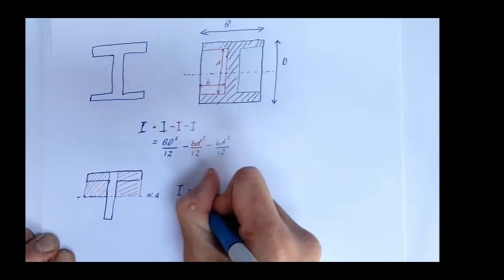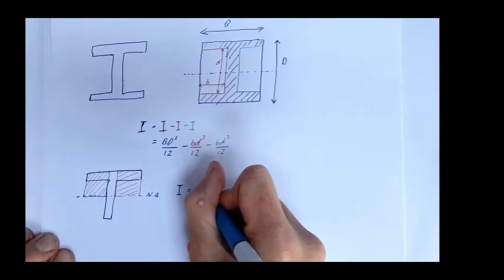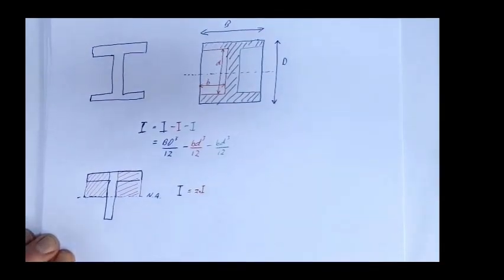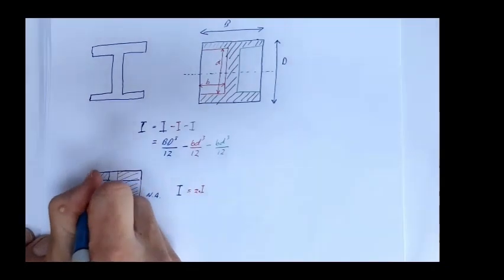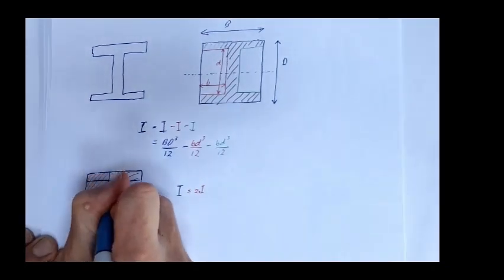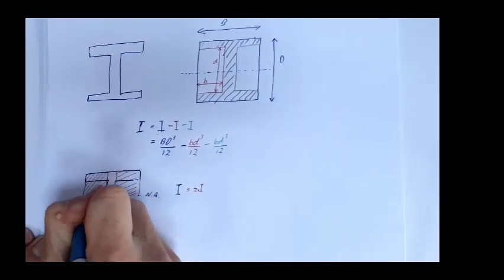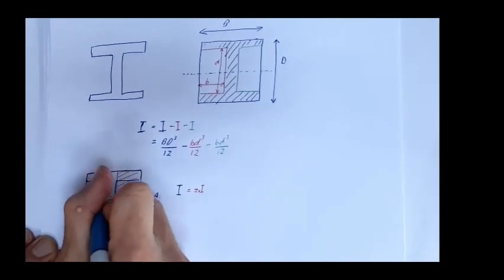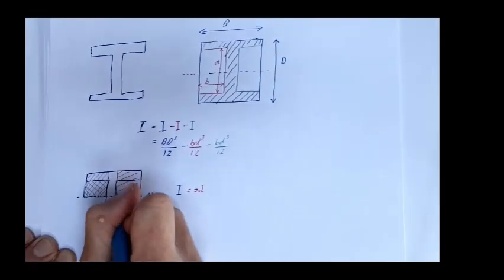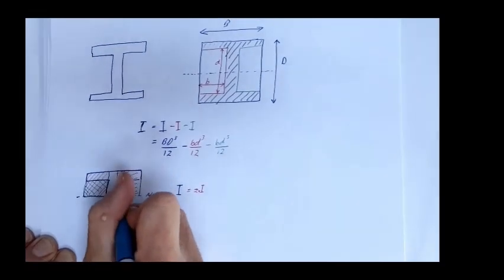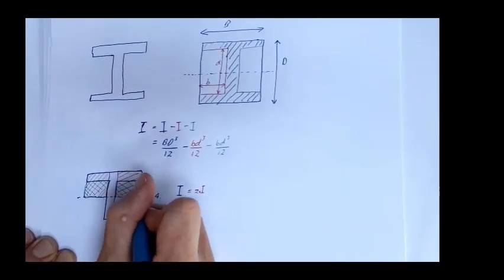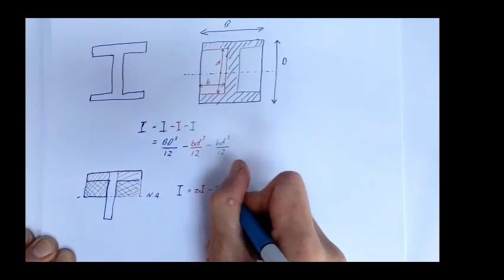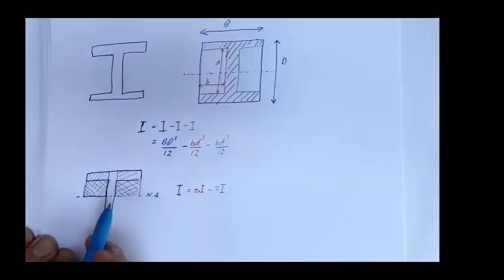equal to 2 times the second moment of area of the red rectangle. We're then going to subtract this green rectangle here. You can subtract two of those actually. There's one here as well, look. So minus 2 lots of the green rectangle.